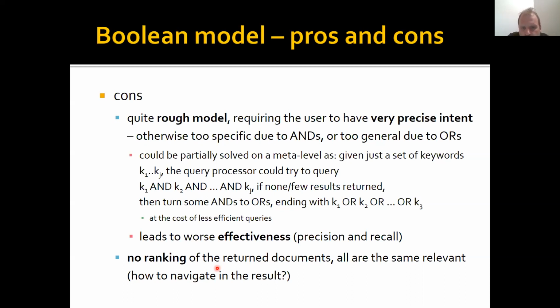There is no good way of user feedback in Boolean model, because you cannot use the way of user feedback that will be in vector model. In vector model, you just can say this and this result is good and this result is bad, and the vector model could be adapted to return more like the positively selected documents and less like the negatively selected documents.